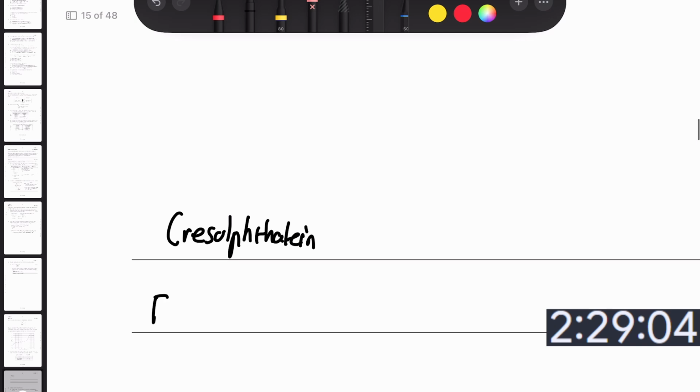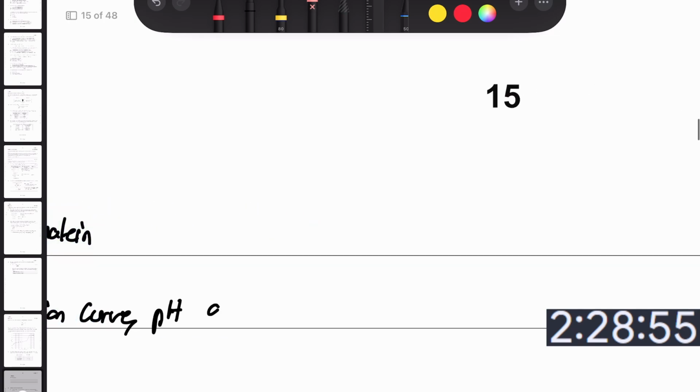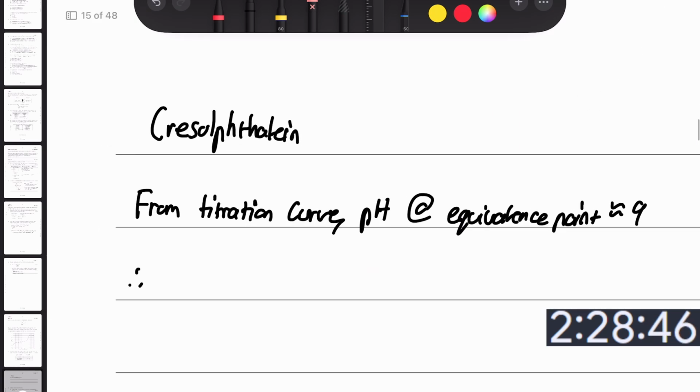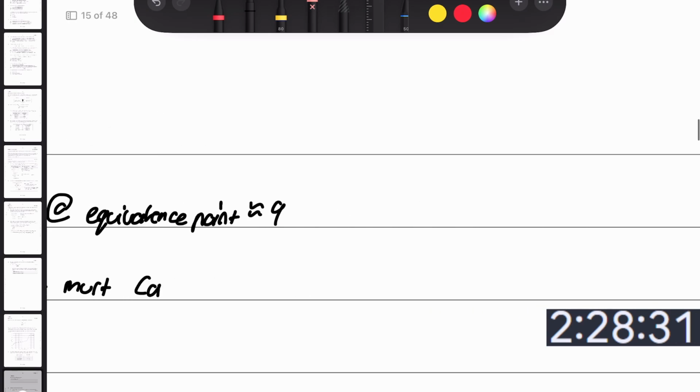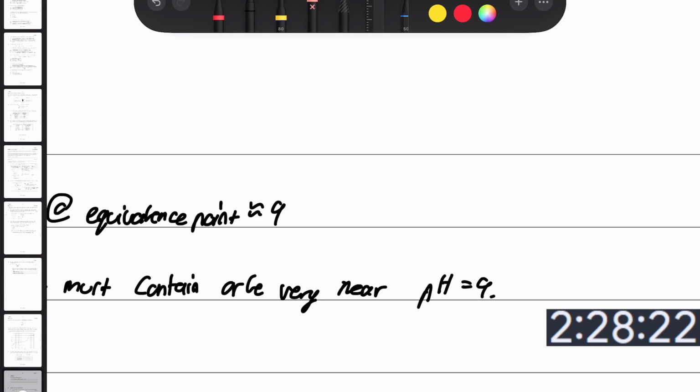Yep. From the titration curve, the equivalence point is roughly equal to 9. Therefore, the pH range of the indicator must contain or be very near pH equals 9.